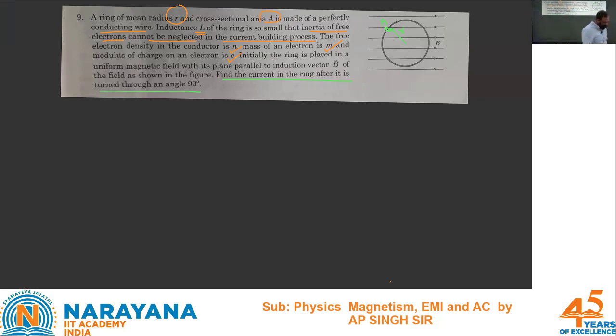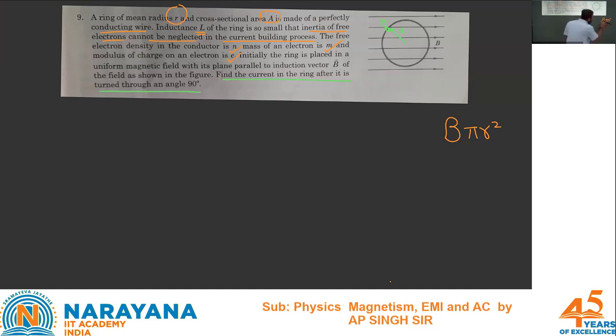The problem is, when you position it normal to the magnetic field, if B comes into the picture, then B brings a flux of B into pi r square. Let me say something conventional.